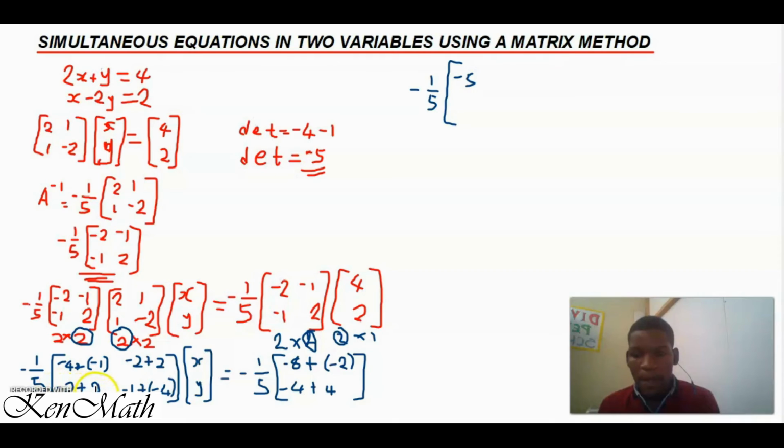Negative 2 plus 2, it gives us a 0. Same applies to negative 2 plus 2, it gives us 0. So if they are the same number with different signs, it always gives us a 0. Negative 1 plus negative 4, it's negative 5. So it will give us negative 5 there.